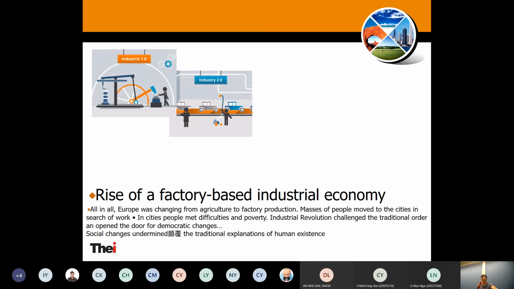Quite a number of these people had to undergo a very painful journey, a very unclean, untidy working and living environment. And people started to think about whether we could do something to make changes.